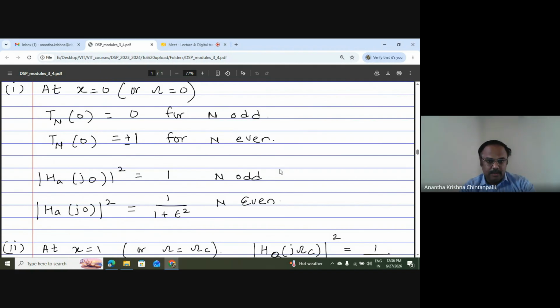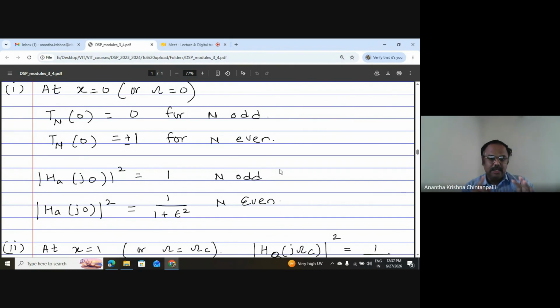At omega equal to 0, if the filter order is odd, then the magnitude square response is going to be 1. If it is even, then at omega equal to 0, the magnitude square is going to be 1 divided by 1 plus epsilon square. So the ripple for odd orders will start from 1, but for even orders, the ripple will start from 1 divided by 1 plus epsilon square if you are looking at magnitude square.